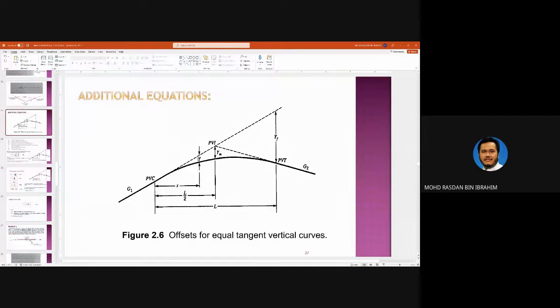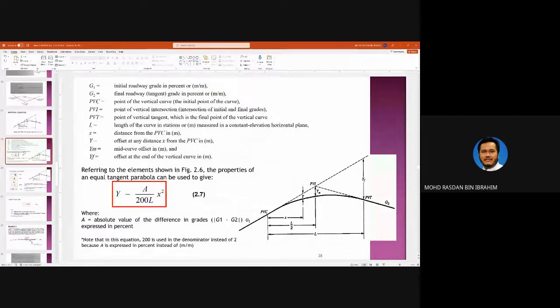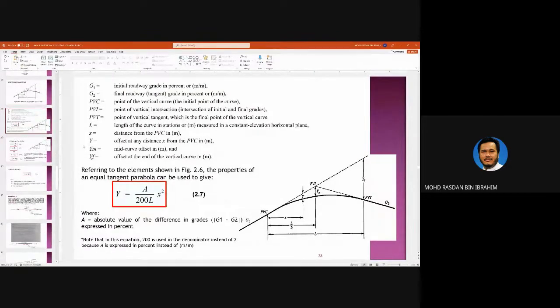Y is the other distances along the point. Yf is for the distance at point PVT. X, again, is the horizontal value. So the formula of Y is this, A over 200L multiplied with X squared. This is the value of Y.